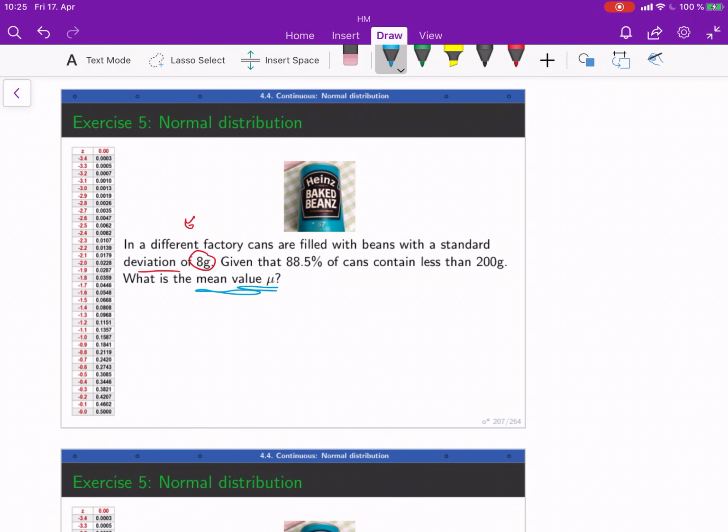We don't know what that is, but we've done a trial and we know that 88.5% of cans are less than 200 grams. And given that everything's distributed normally, what is the mean value? Have a think, pause the video, try to come up with a way of calculating that.